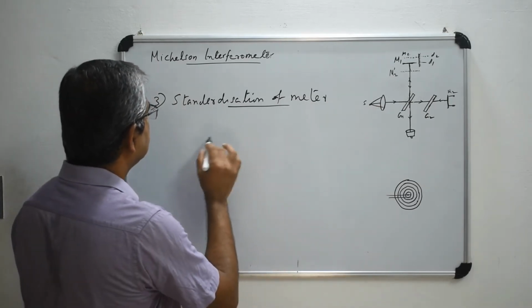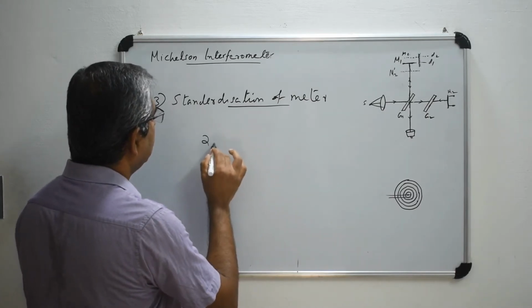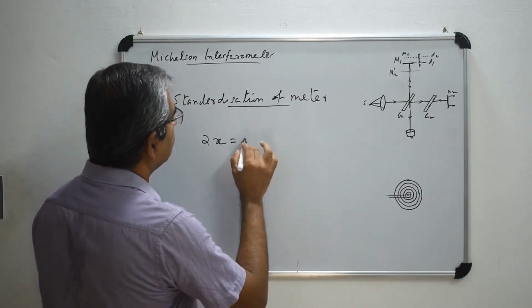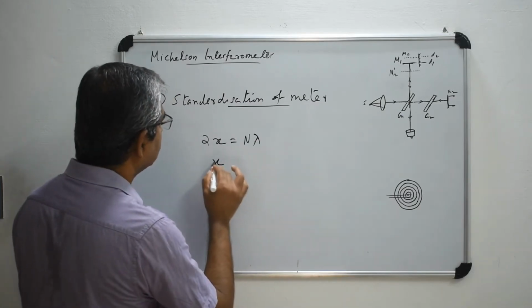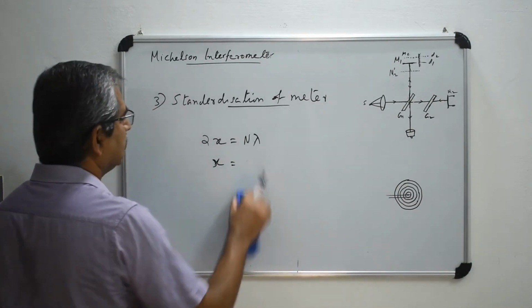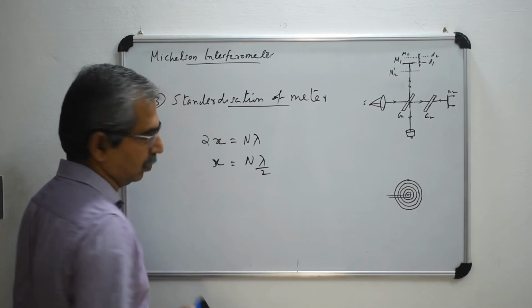The equation we have seen was 2d equal to nλ, or 2x equal to nλ, or x is equal to nλ by 2.